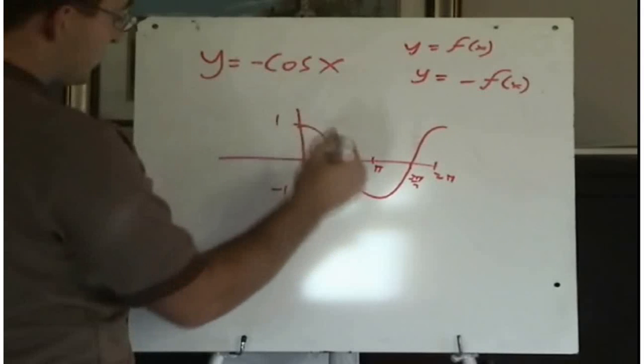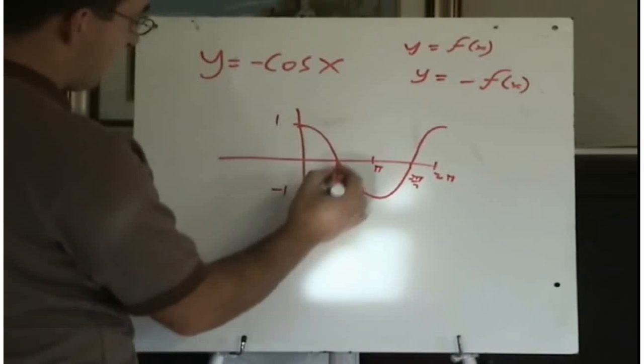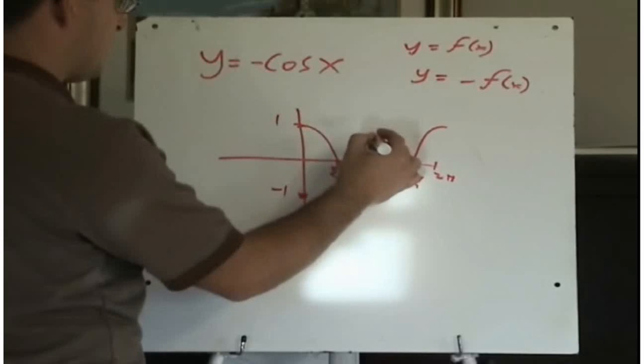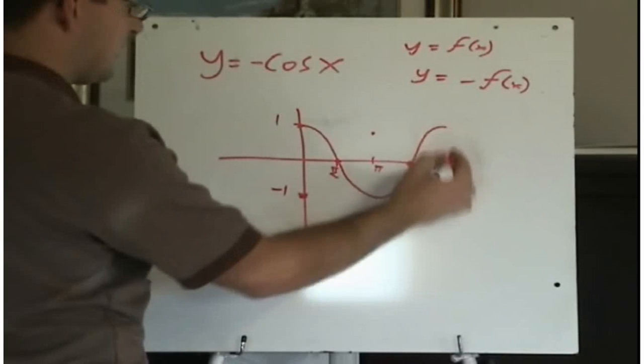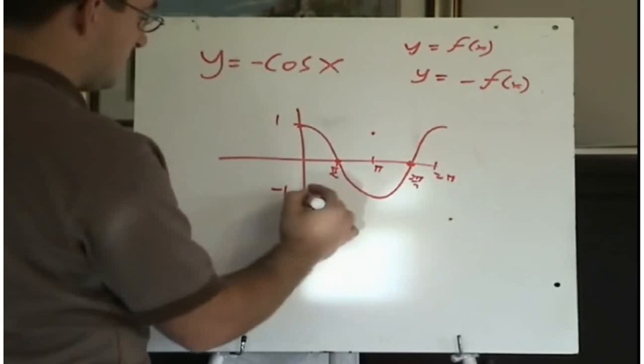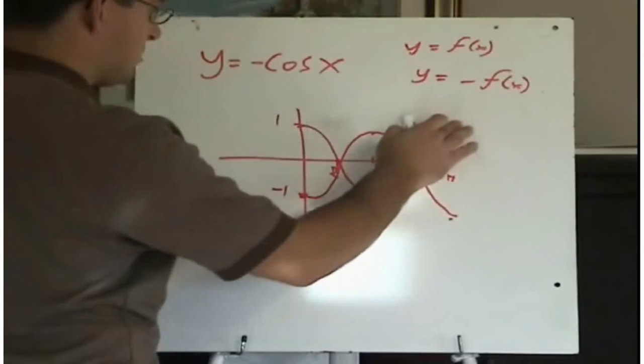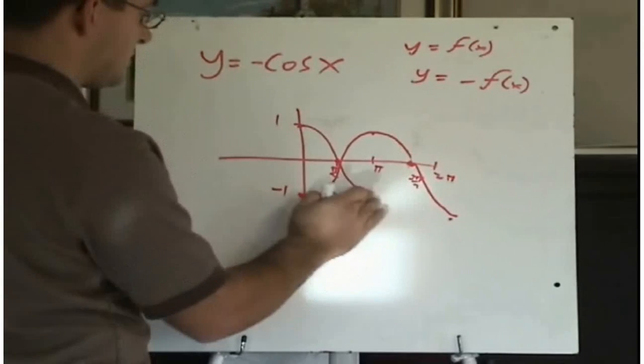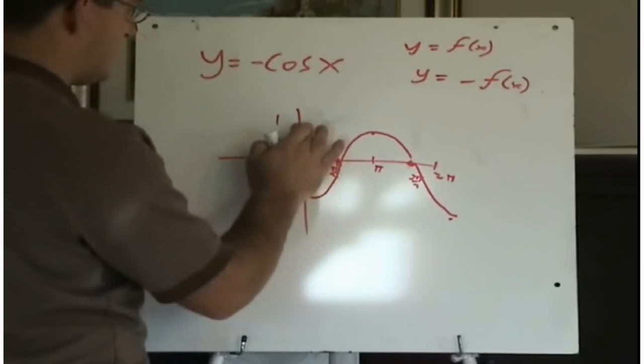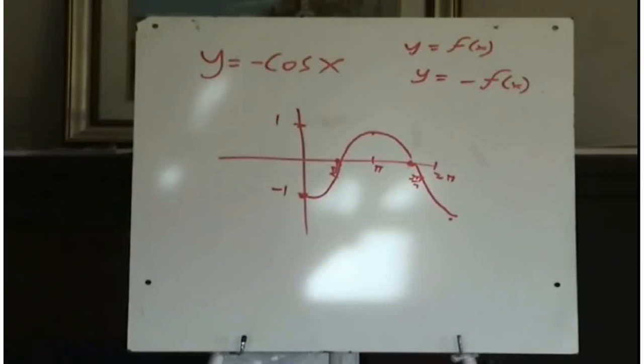Graphing negative cosine x would simply be to reflect the points in the x-axis. And erasing the original function, I now have a picture of what y equals negative cosine x looks like.